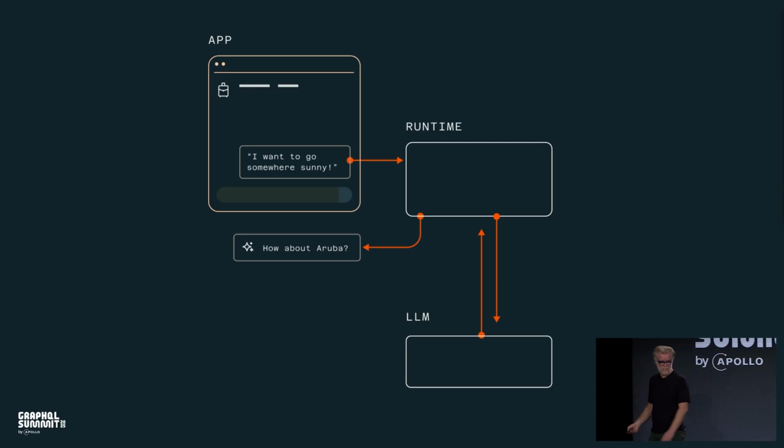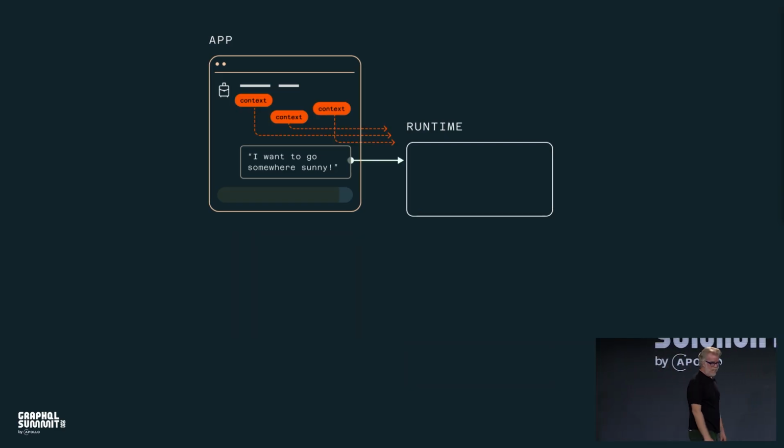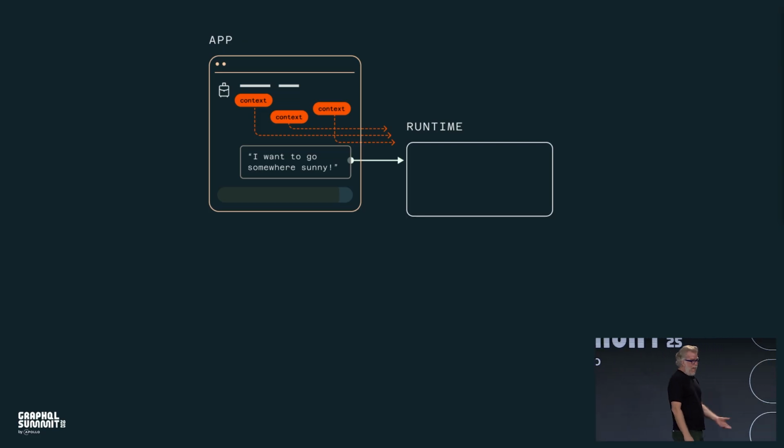I'm going to go into a little more detail, same set of slides. When we're in the app layer, we have all kinds of stuff we know about the user. So we don't have to just send the prompt, I want to go somewhere sunny. We can register various different parts of the state that we know about the user. We can register that they have a frequent flyer program with American Airlines, for instance, or that they already have something in their chart.